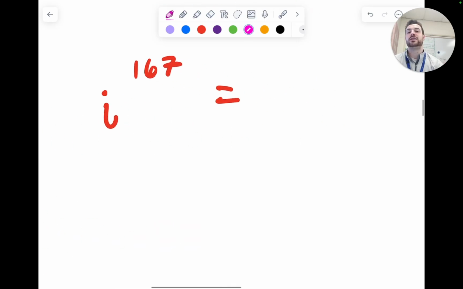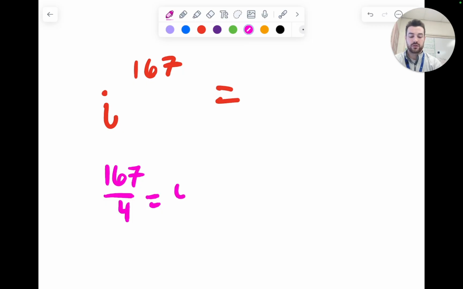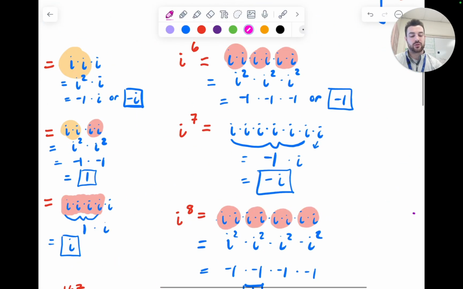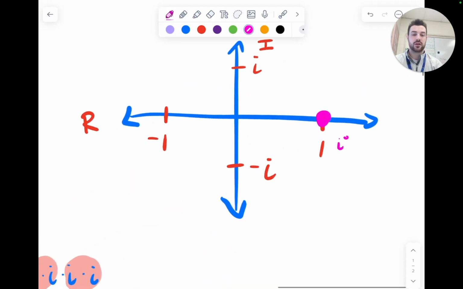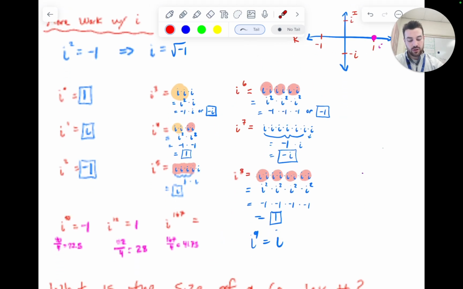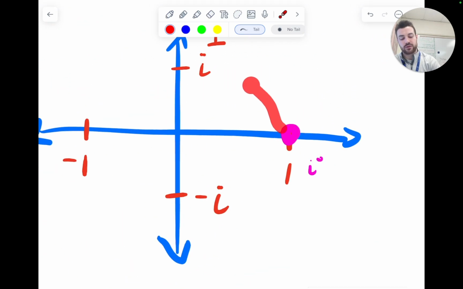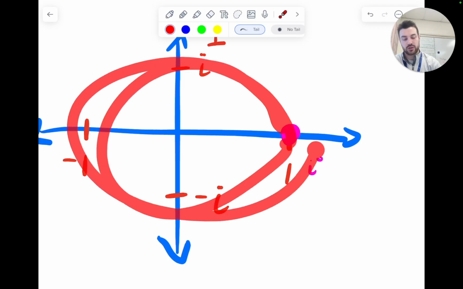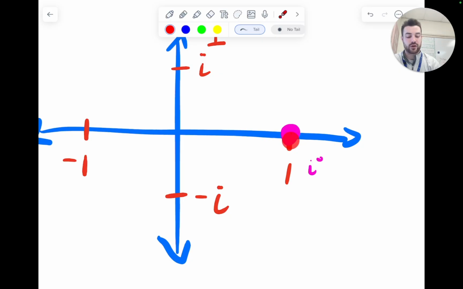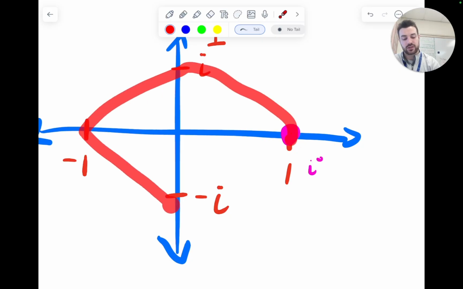If we do i to the 167th power, well, 167 divided by 4 is 41.75. So go back to our little graph up here. We have our starting position. We are now going to go 41 times around. Again, we're really going from 1 to i to negative 1 to negative i to 1.